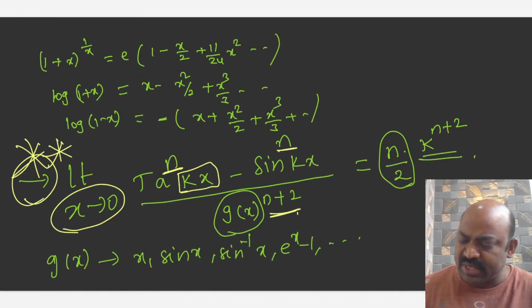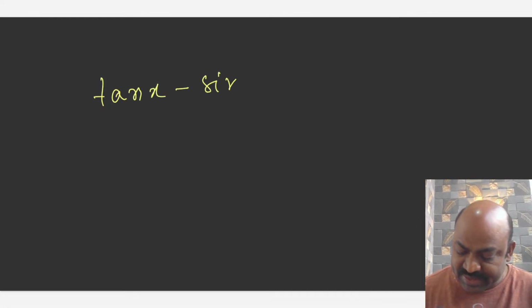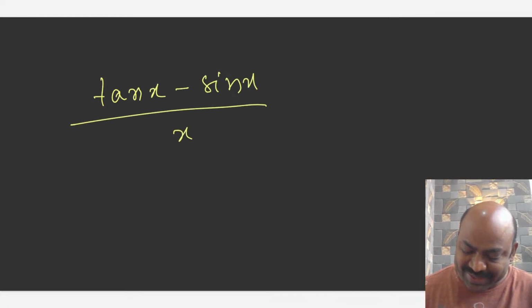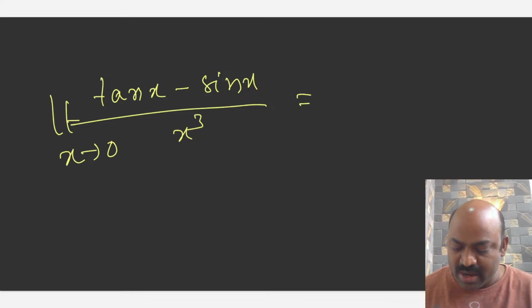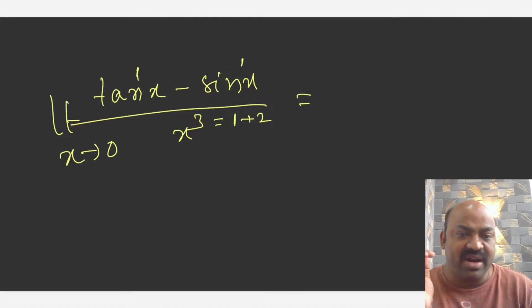Can you apply the same story for the earlier question? Earlier, what they gave was limit x tends to 0 of (tan x minus sin x) by x cube. So n is how much? Power is 1, and this 3 can be written as n plus 2, 1 plus 2. So it's in our standard format.